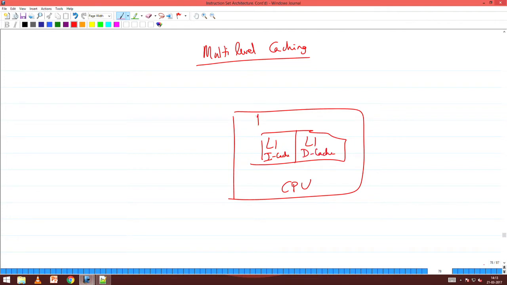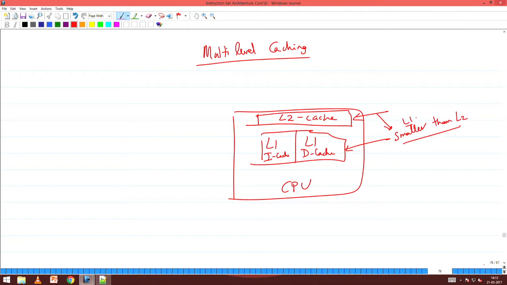Sometimes even on chip we will have one integrated cache which we call an L2 cache, right. The L1 cache will be much smaller than the L2 cache, okay. L1 smaller than L2. By being small, my access time would be fast.